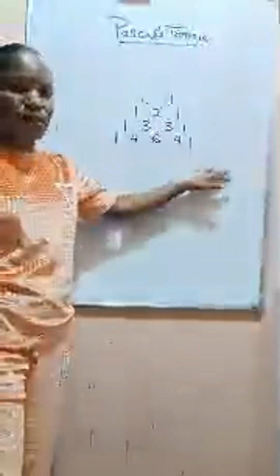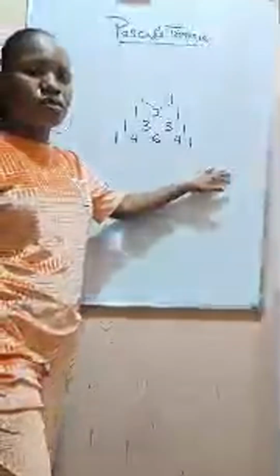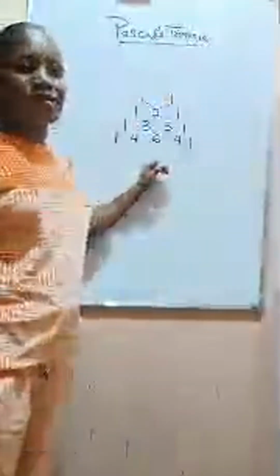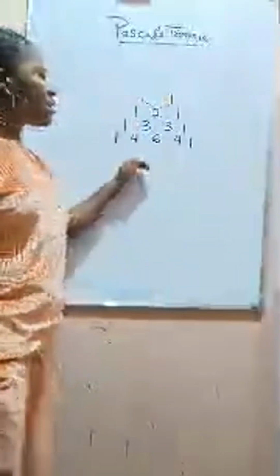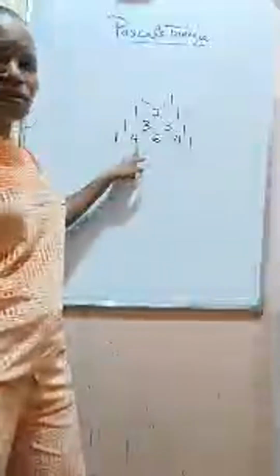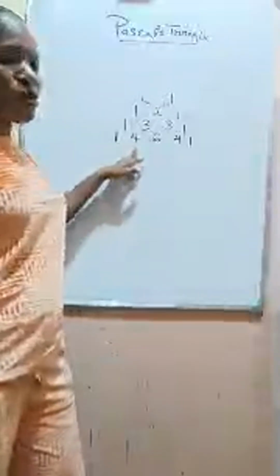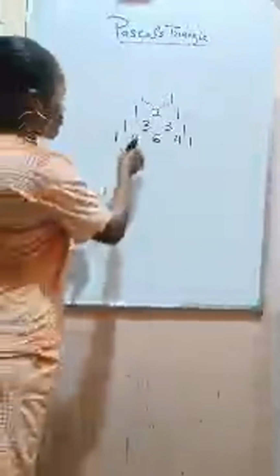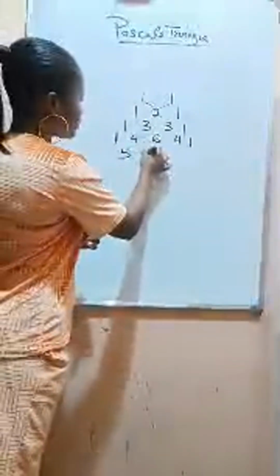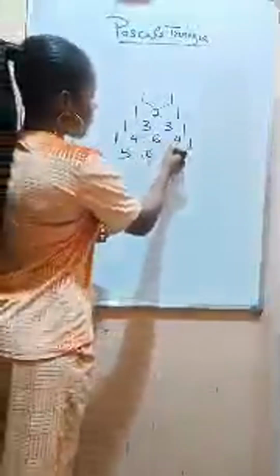I'm just going to stop at power of 5, which will be the next line. Watch closely. This is very, very easy, like I said. To form the next line, 1 plus 4 will give us 5. 4 plus 6 will give us 10. 6 plus 4 will give us 10.